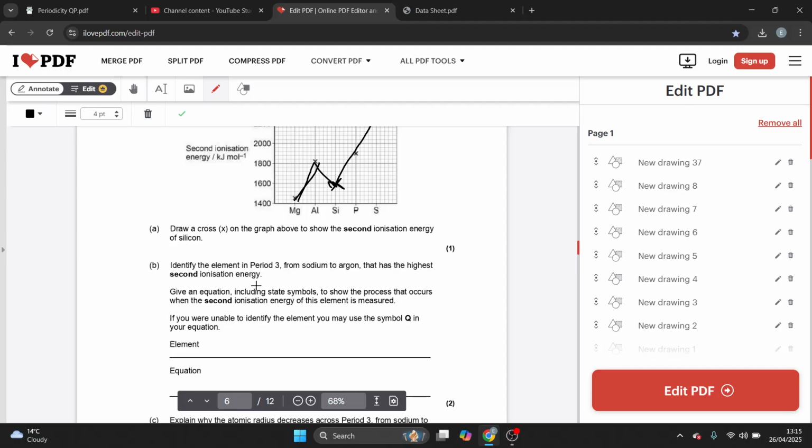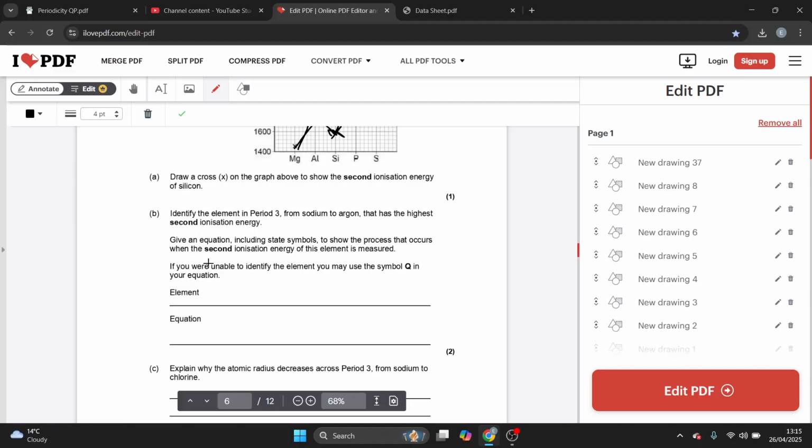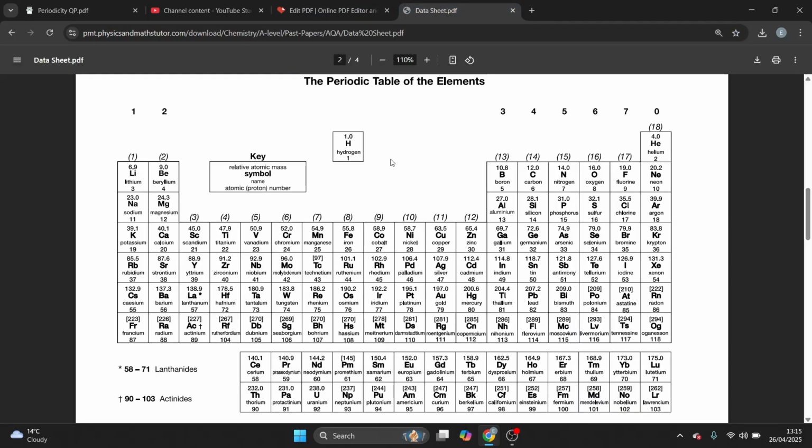Identify the element in period 3, sodium to argon, that has the highest second ionization energy. How would I do that? Well, I know atomic radius decreases across a period, and I want the one that has the highest second ionization energy.